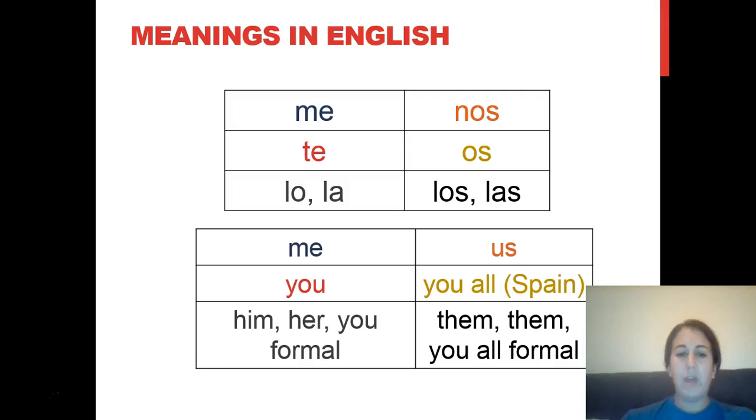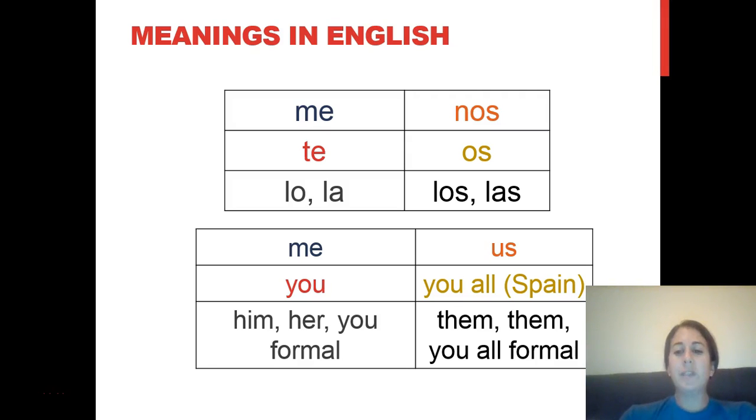So here we go. Me, which means me. Te means you. Lo and la could be referring to people or items. Okay? So now we're just talking about them about people. So lo would be him, la would be her, or either one of those would be you formal.